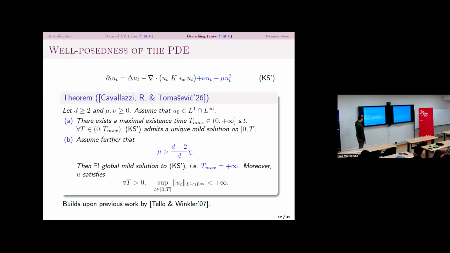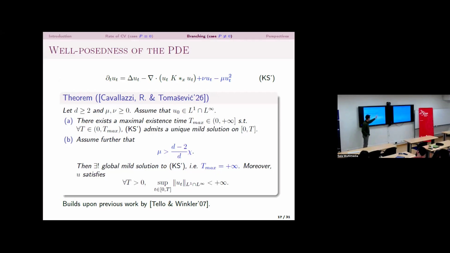The first result that we derived is inspired by a previous work by Tello and Winkler. It's a purely PDE result. Here mu and nu are always non-negative at least. This is in dimension 2.